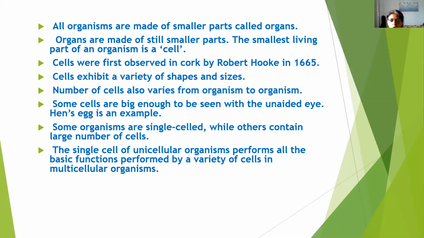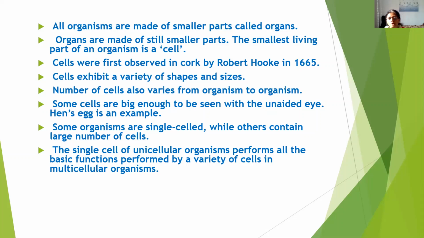In the same way, some organisms have a body made up of a single cell, and we call these organisms unicellular organisms, while some other organisms have a body made up of a large number of cells, and we call those organisms multicellular organisms.